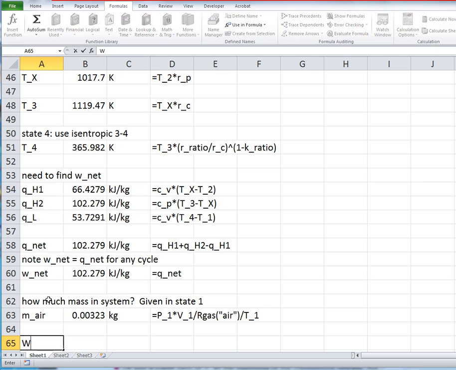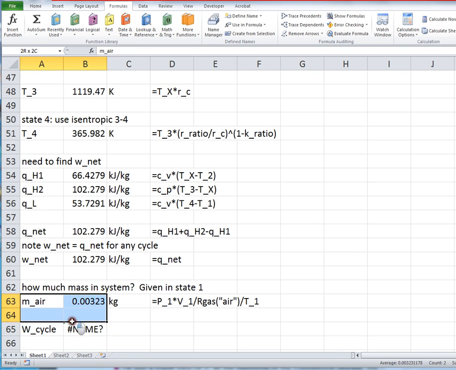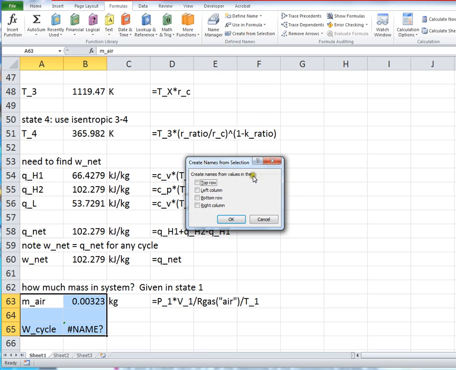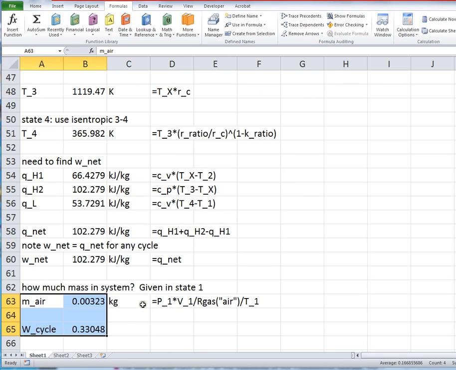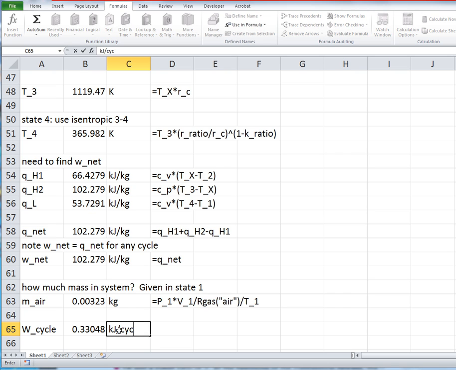And so what I would call capital W for the cycle is just the mass of the air times the work per kilogram. So I would call this kilojoules per cycle.